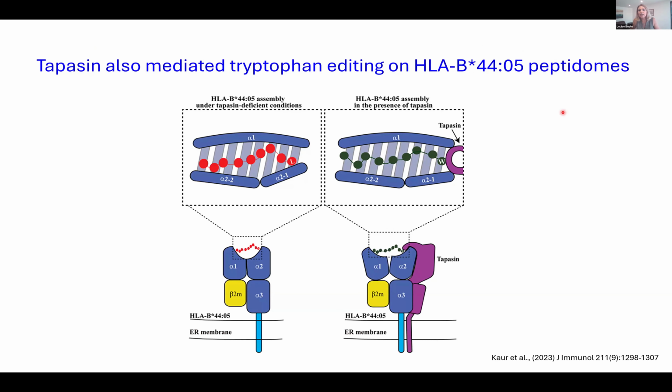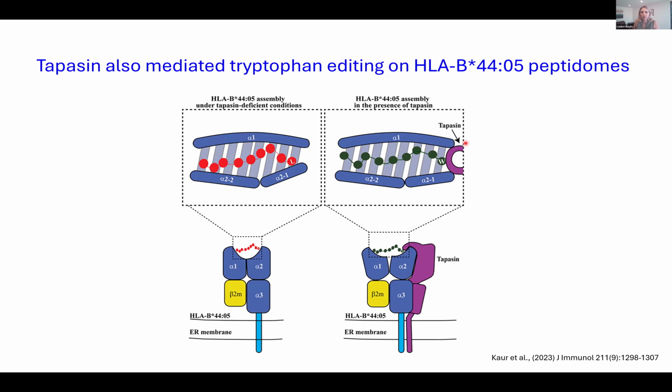And very interestingly, Malini Raghavan has evidence for tapasin-mediated peptide editing on B4405 peptidomes. So what she found was, again, for B4405, that there was an enrichment of tryptophan residues at the C-terminus in the presence of tapasin. And Malini proposed that this occurred by tapasin widening the peptide binding groove of this MHC class 1 molecule, allowing these bulky C-termini to be loaded.